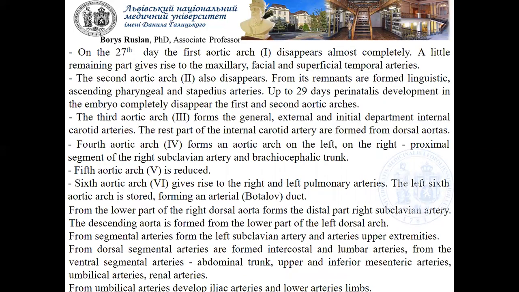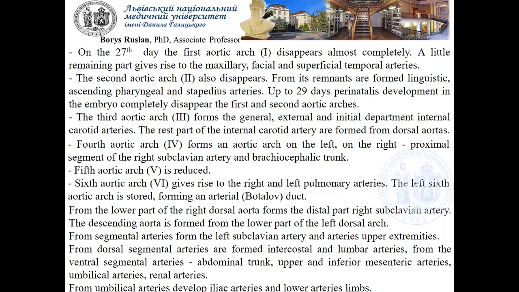On the 27th day, the first aortic arch disappears almost completely. A small remaining part gives rise to the maxillary, facial, and superficial temporal arteries. The second aortic arch also disappears, and from its remnants the lingual, ascending pharyngeal, and stapedial arteries are formed.